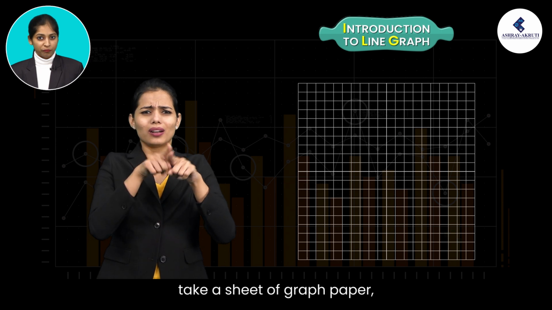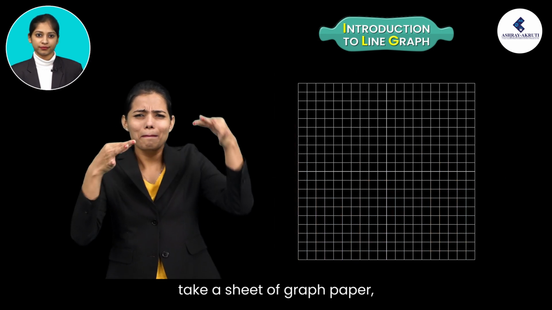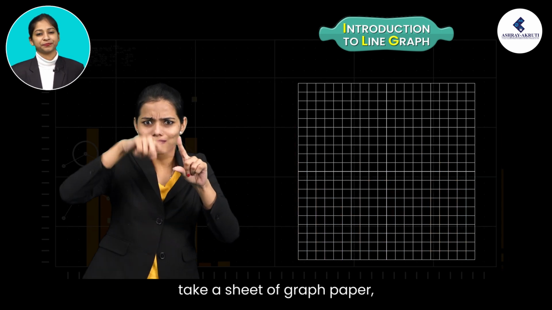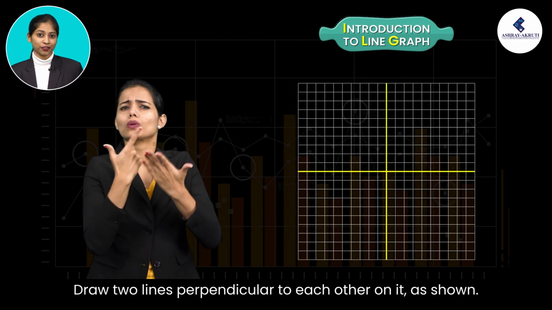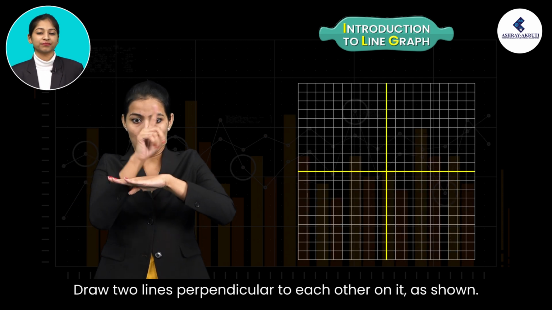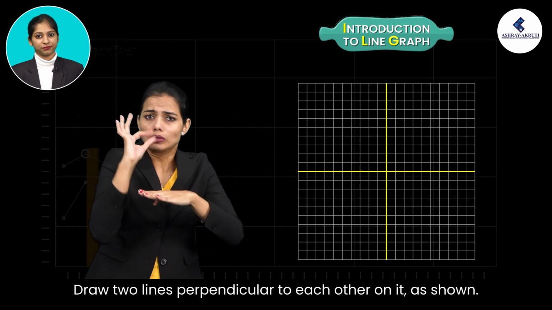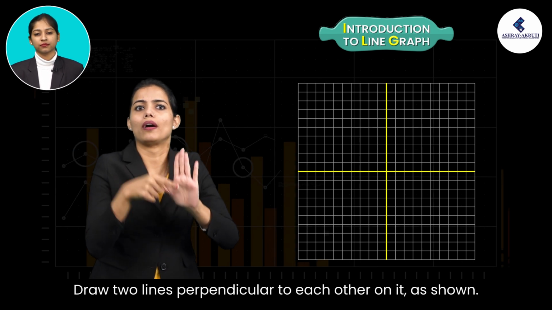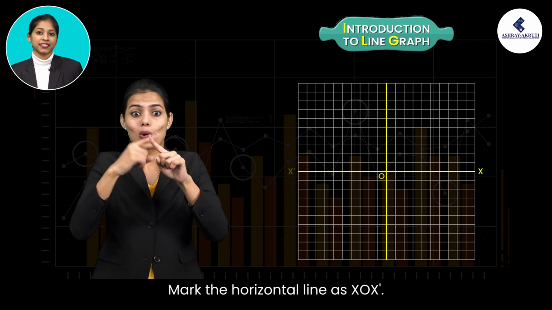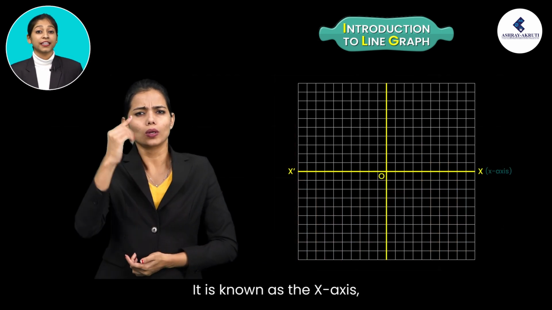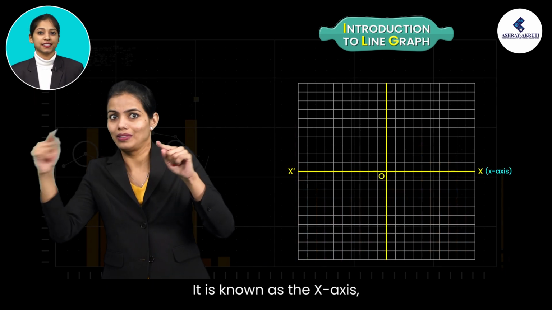Take a sheet of graph paper. Draw two lines perpendicular to each other on it as shown. Mark the horizontal line as X'OX. It is known as the x-axis.